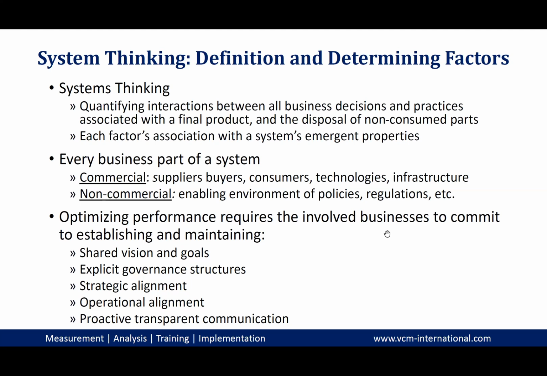Every business is part of a system, whether commercial, in terms of suppliers, buyers, etc., or non-commercial, which is governments, advocacy groups, policies, regulations, etc. And as I'll briefly cover, optimizing performance requires the involved businesses to commit to establishing and maintaining collaborative shared visions and goals, and explicit governance structures: if you do this, this is how we're going to react.